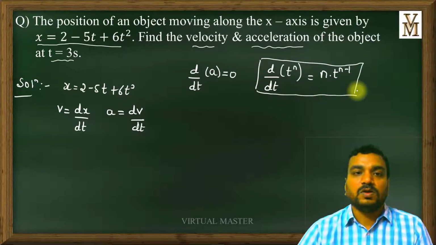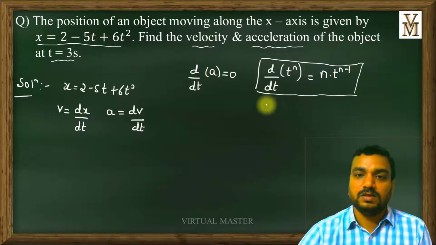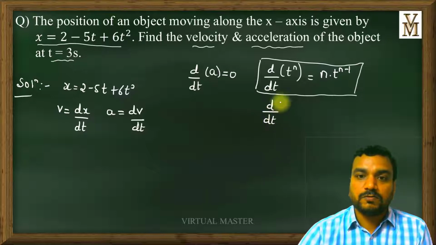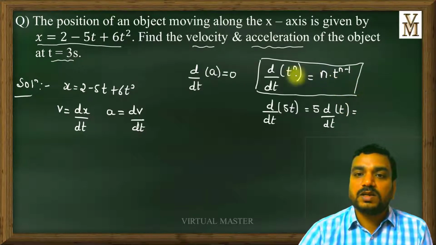Now, let us take one example. If you want to differentiate 5t, d/dt of 5t. Now, 5 is a constant, so I will write it outside. So I can write it as 5 times d/dt of t. Now, the power of t is 1, right? So, what is the formula? d/dt of t^n is equal to n t^(n−1).